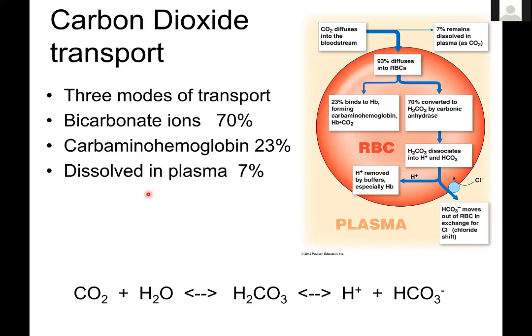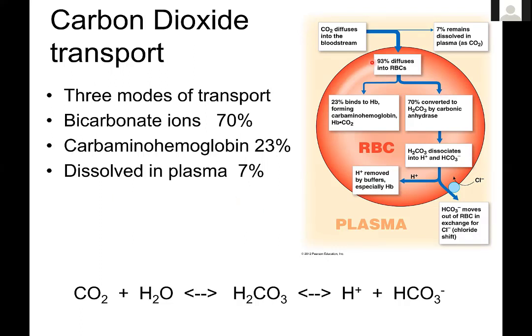And then about 7% of it is dissolved in plasma. So compare that with oxygen, and you can see that carbon dioxide is a lot more soluble in plasma than oxygen. So oxygen is like 1-ish%, and carbon dioxide is 7.